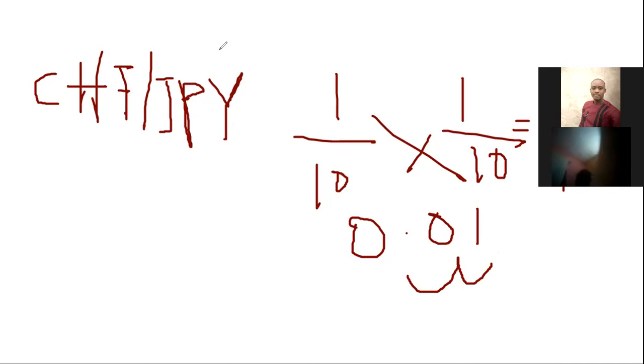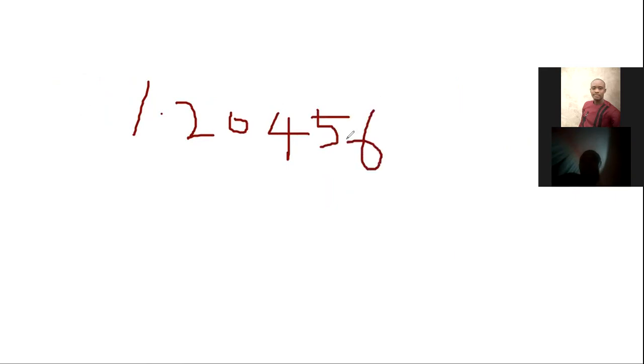So let's say you have an exchange rate like this: 1.20456. Look at it very well. This is not a yen pair. Tonight I will tell you the difference between normal exchange rates like GBP/USD and yen pairs. If this is another pair, let's say EUR/GBP.